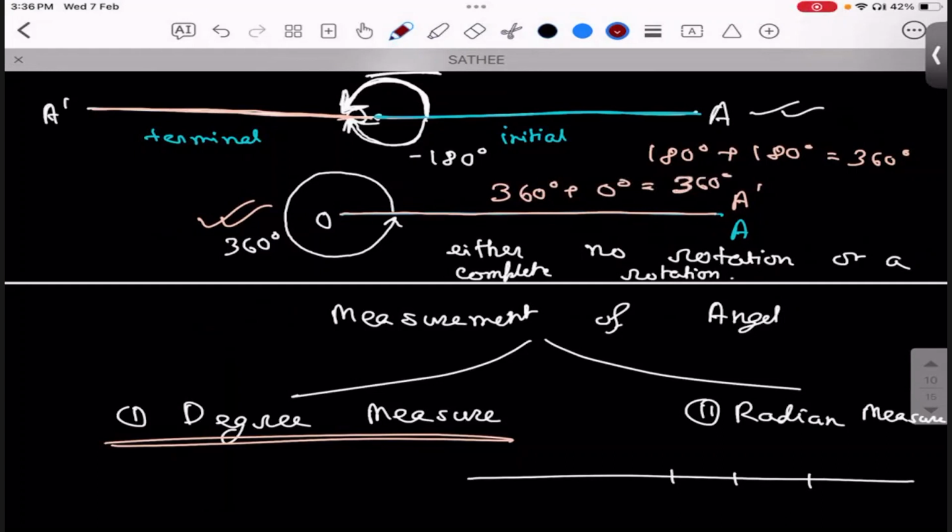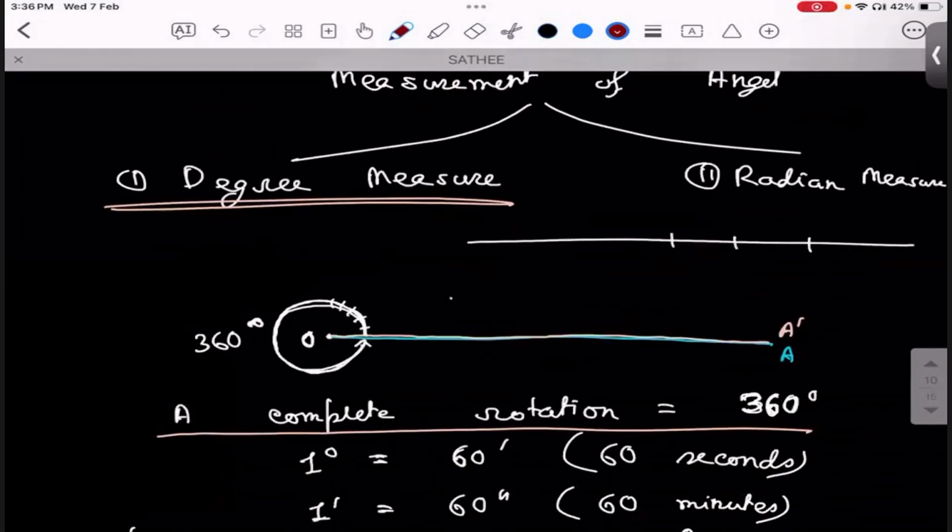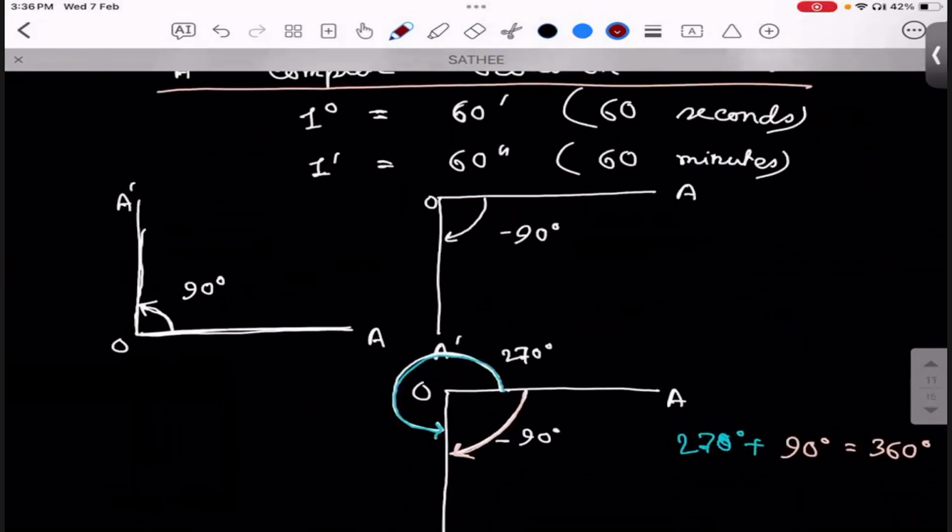So clearly one can understand from here that from the initial state, whichever direction the terminal state lies in, if I go along the clockwise direction and if I go along the anti-clockwise direction, the sum of the angles will be equal to 360 degree. So by this process, one can find whichever angle they need.